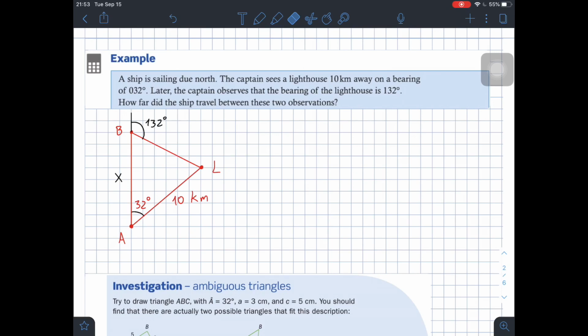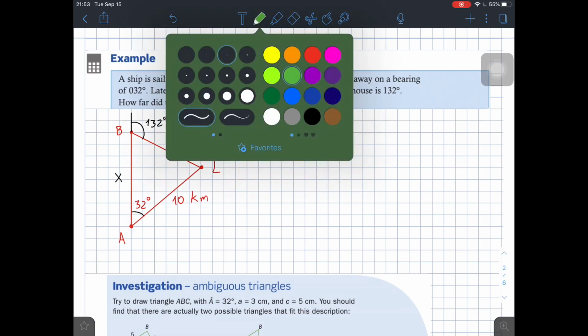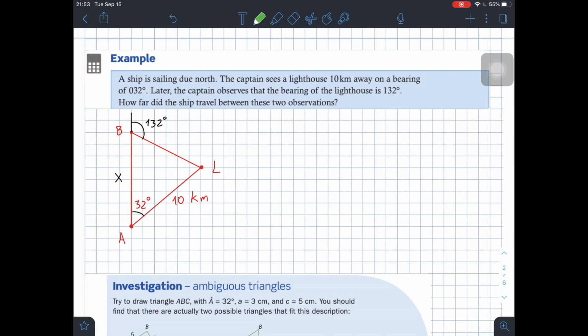The first thing I notice is that I can find this angle over here already, because if this is 132, then the sum of this angle and this angle must be equal to 180 degrees. So I can find this angle by completing the angle, which should add up to 180 degrees.